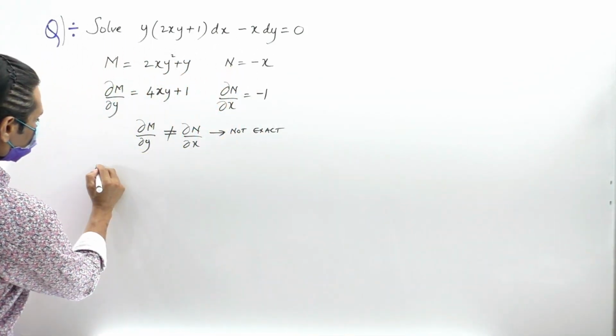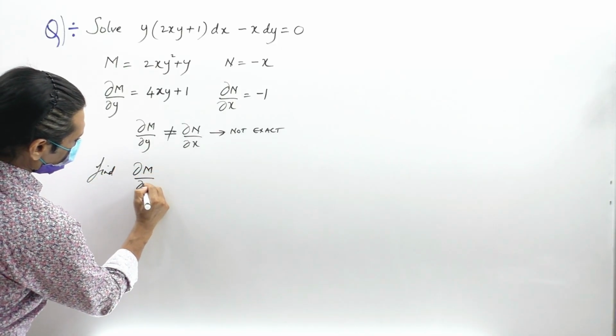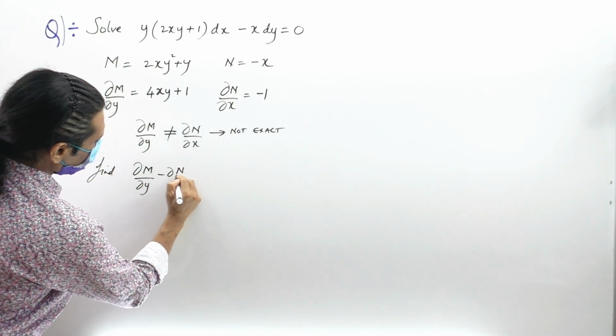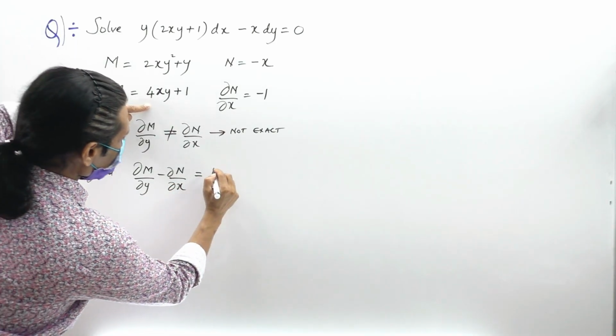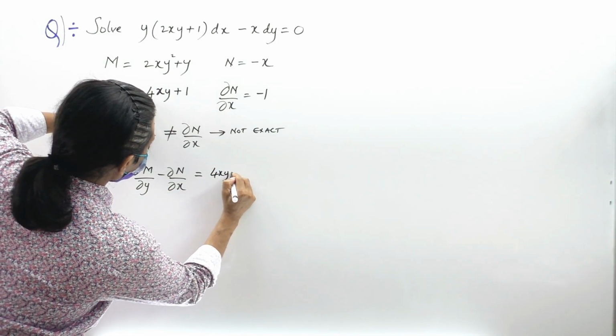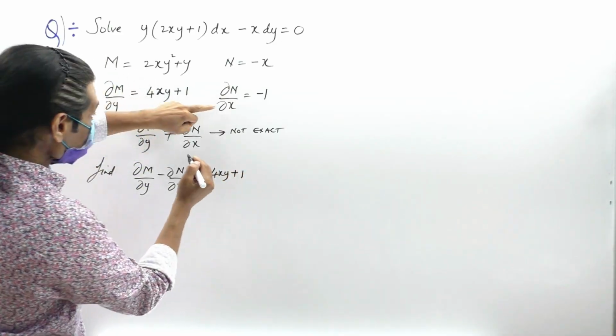If it is not exact, what do we do? We find the difference, dou m by dou y minus dou n by dou x, which is 4xy plus 1 minus of minus 1.